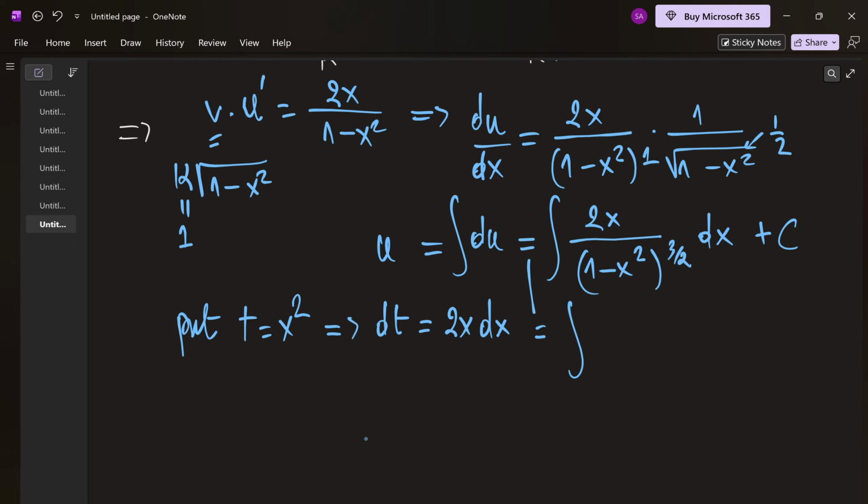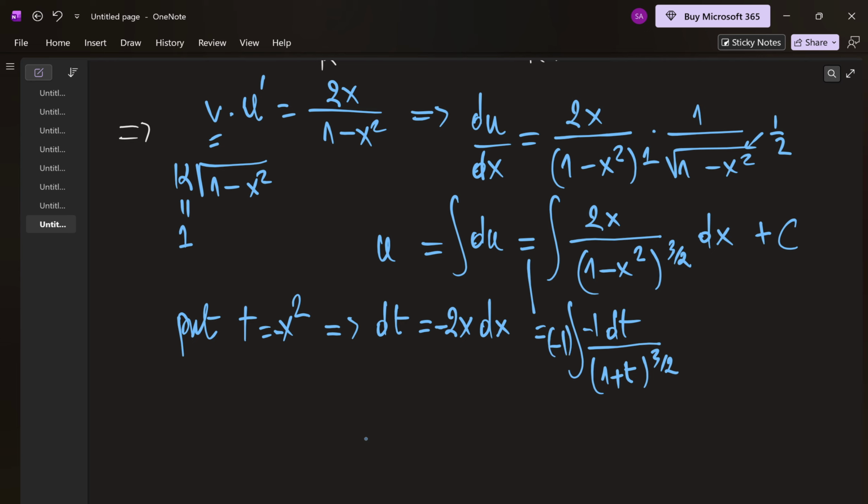This here becomes dt over 1 minus t to the power 3 over 2. And it is actually better to take t is equal to minus x squared. So you have here minus 2x, and this becomes here plus. Okay, and here you have minus 1, and you should multiply outside by minus 1.